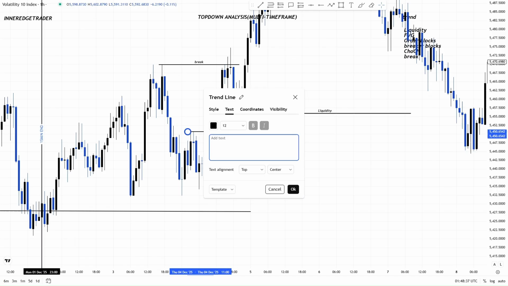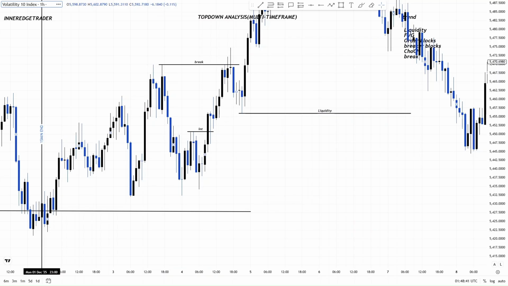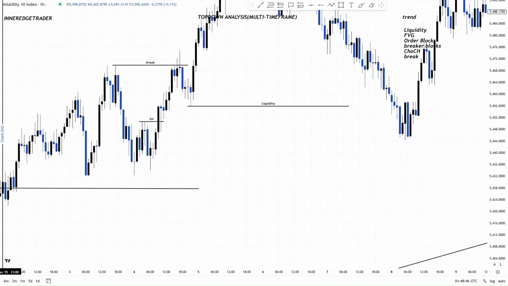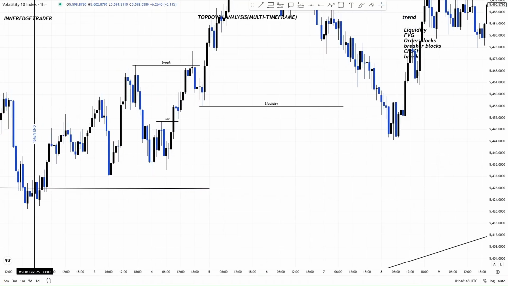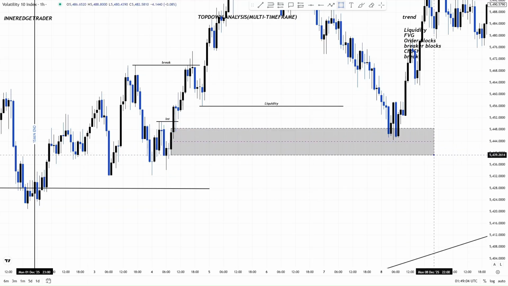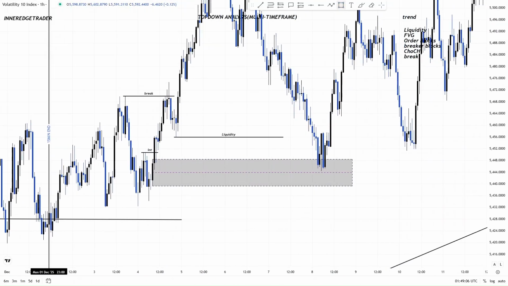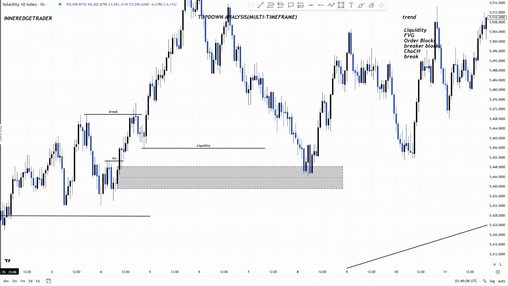Let me highlight that. Internal shift. Okay. So this internal shift mitigated an order block that caused the break of structure. So that was our point of interest.